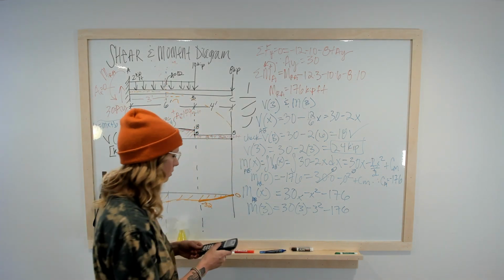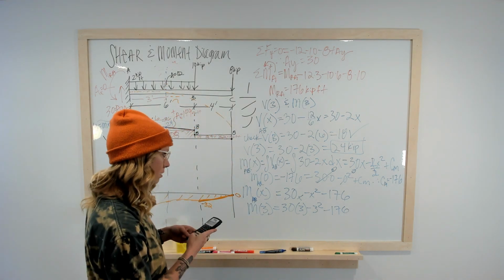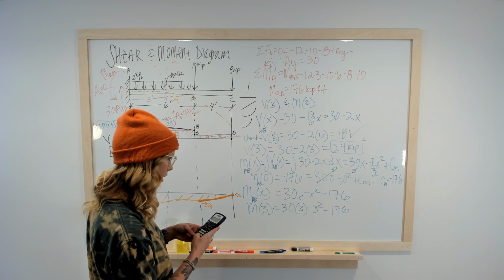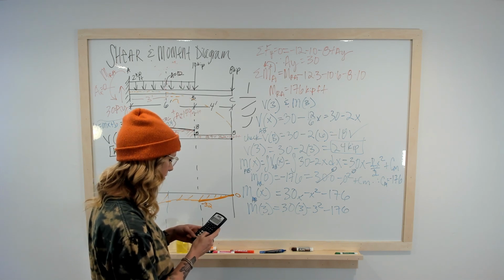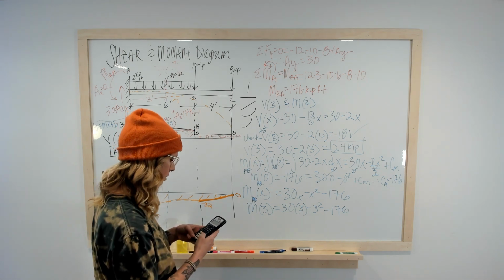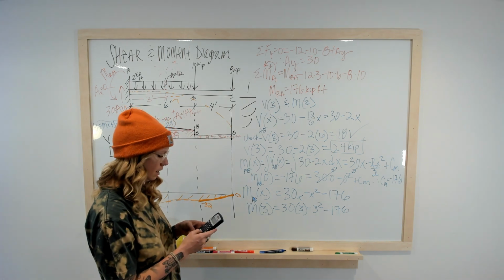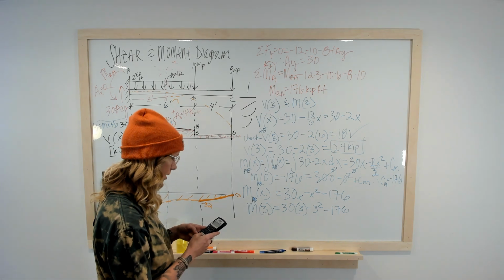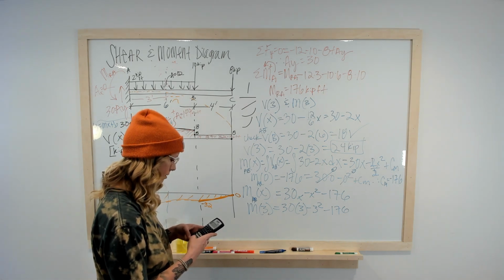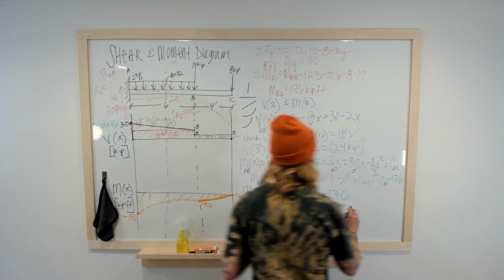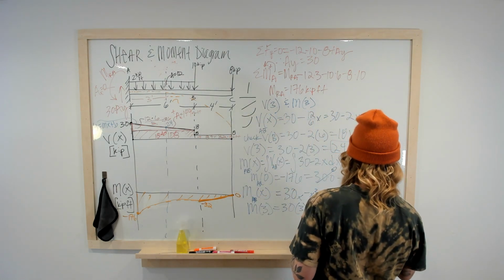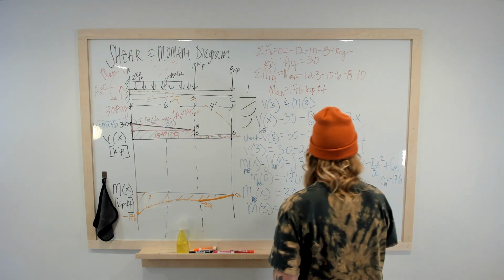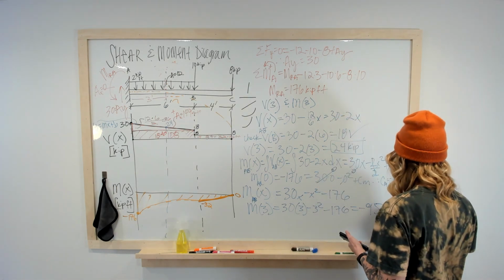Let's plug that into a calculator. We have 30 times 3, that's 90, minus 3 squared is 9, minus 9, okay, minus 176. That is equal to negative 95. And this is kip-foot.